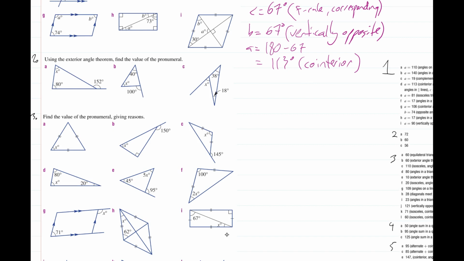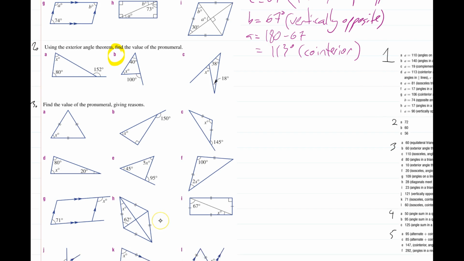Let's take a look at this question here, question 2b. We've got x, and we have to find x. It's inside of a triangle, and we get given an outside angle. The question says use the exterior angle theorem.